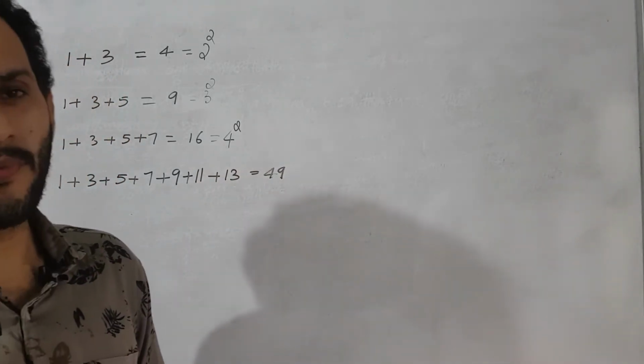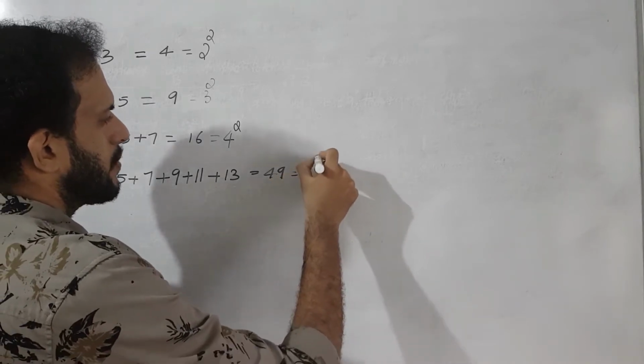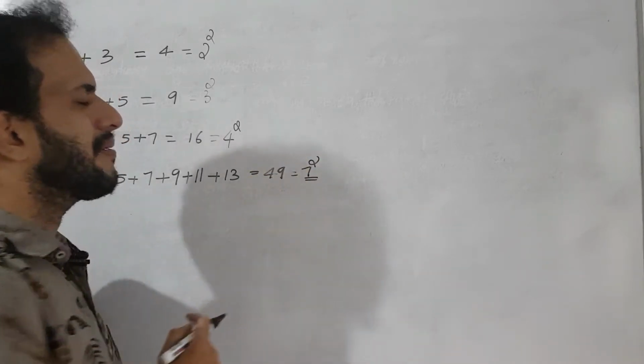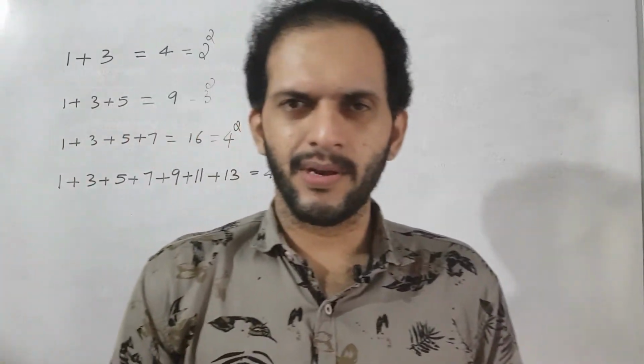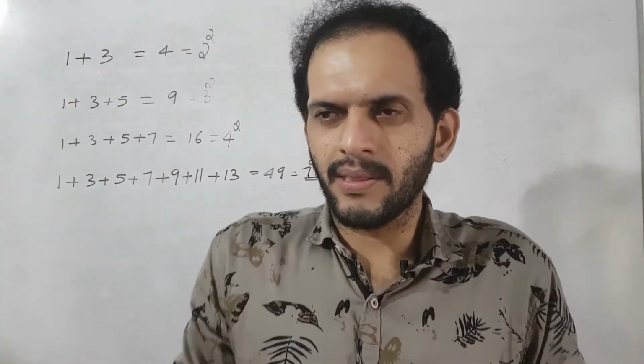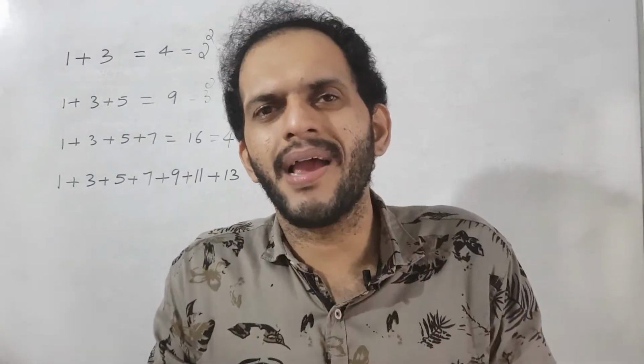Yes, that is very clear. 49 is the square of 7. So we get the result as the square of one number, 7 squared. That means every square number is possible to write as the sum of successive odd numbers starting from 1.